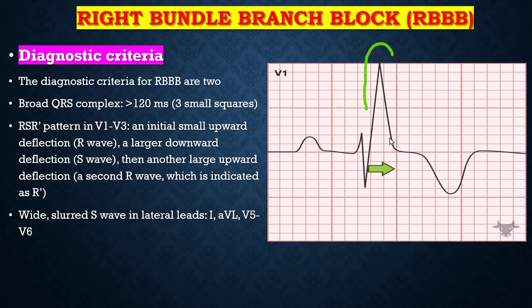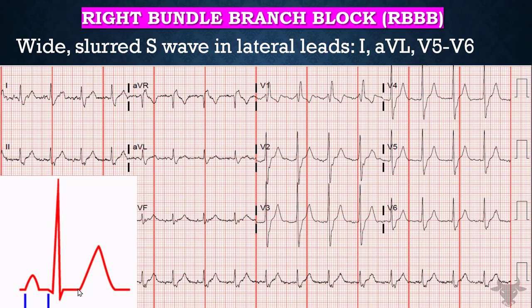Wide slurred S wave in lateral leads 1, aVL, V5 and V6. Normally the S wave is sharp and then flat, but in right bundle branch block in lead 1 you can see that it is wide and slurred.